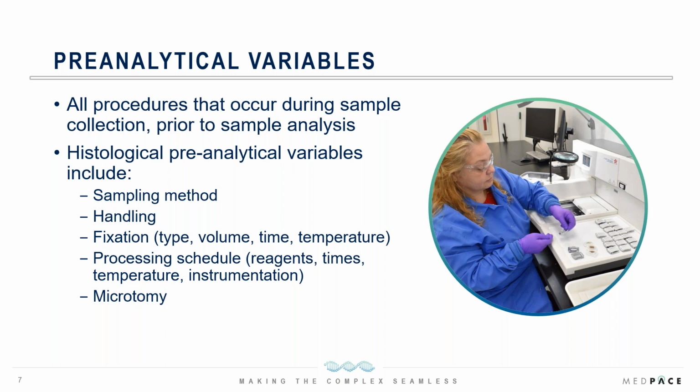Fixation involves the type of fixative, the volume of the fixative used, the time of fixation or total formalin exposure time, and the temperature of the fixative agent. It could also include processing schedules, which would include the reagents, times, temperature, and instrumentation used for processing the biopsy. And finally, microtomy, which is the sectioning of the paraffin block to create the unstained tissue sections.